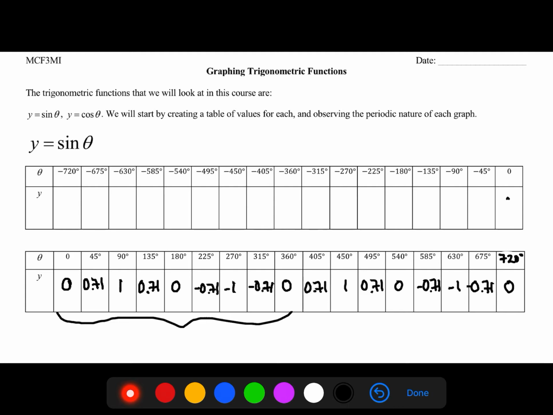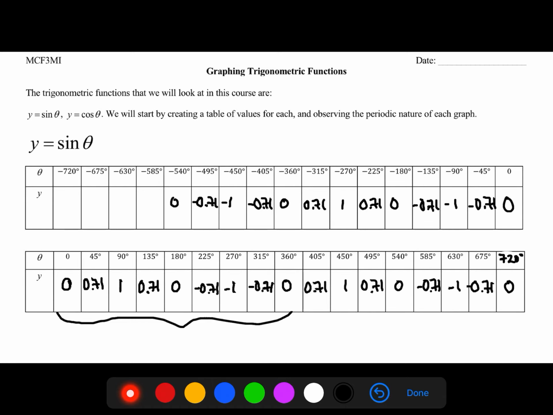So sine of 0 is 0, then we have our negative 0.71, negative 1, negative 0.71, back to 0, etc. And again, I'm going through this fairly quickly, but you can check these in your calculator as well.